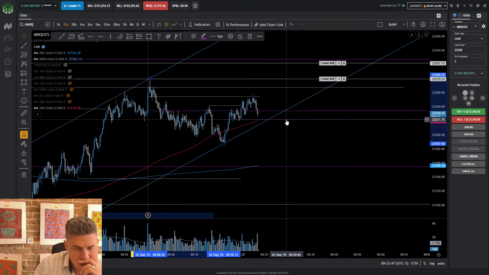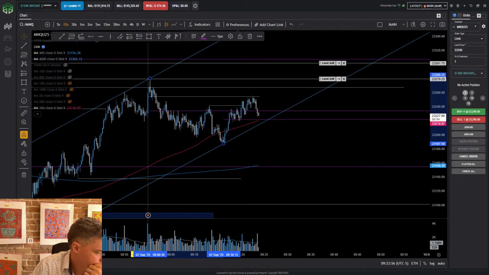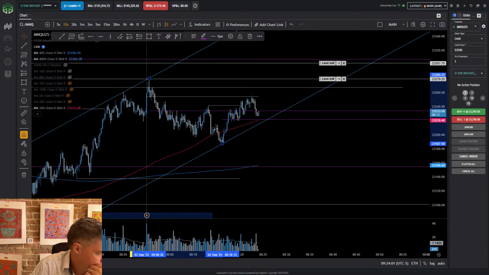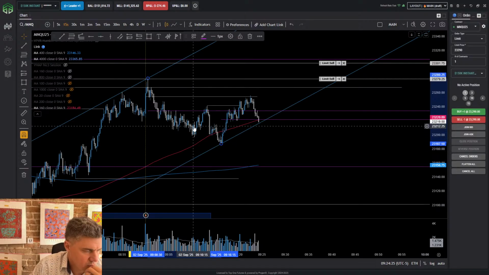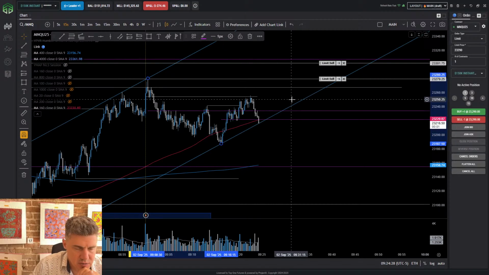Let's see what this looks like. Reversal kicking in on the 5 minute, which looks pretty great.